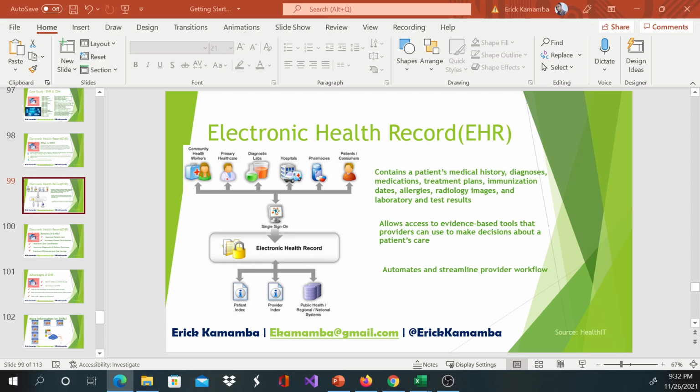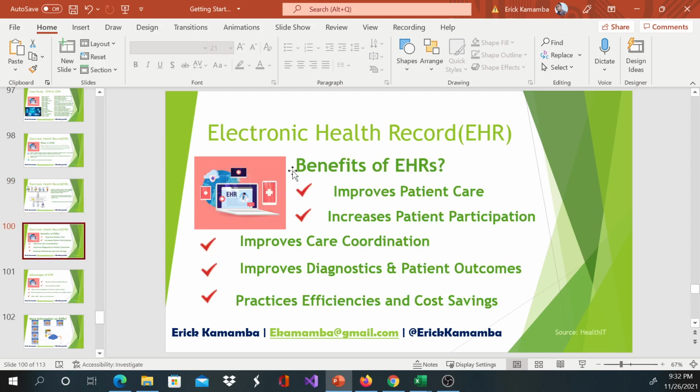Okay, and we do have some of the advantages, but really I like to go through the benefits of EHR. Actually, it improves patient care because the information is in there. It contains your diagnosis, sometimes your medications, so doctors can really figure out what was wrong with you, maybe previous years, or what medication helped you, and all that.